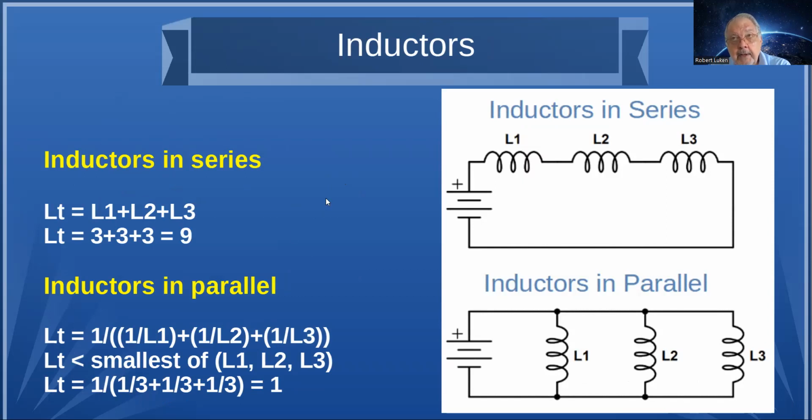Now there's a trick or shortcut when you have things in parallel where you have to do the reciprocals. If they're all the same value, you can just divide it by the number of them. So if I've got 3 inductors in parallel, microhenries, let's say, the result is going to be 1/3 of that. But it only works if they're equal values.